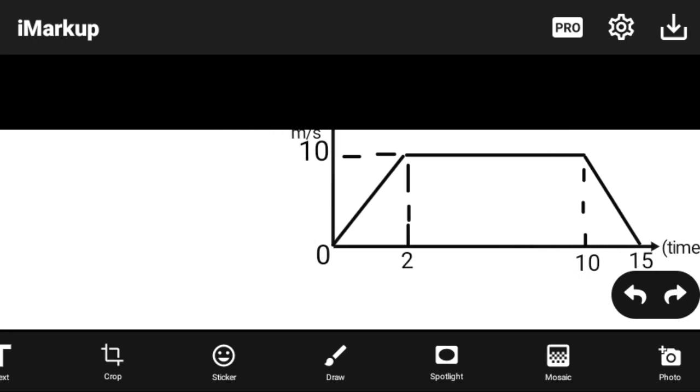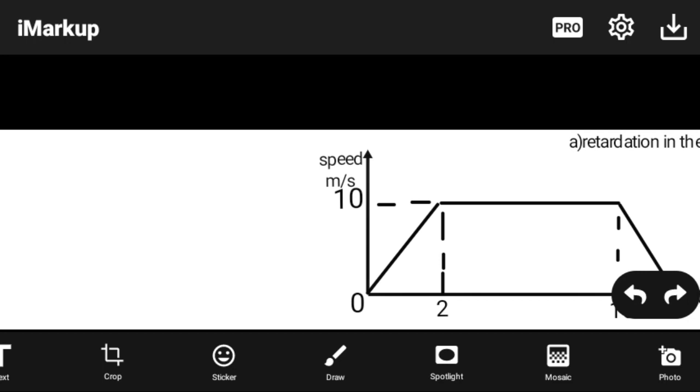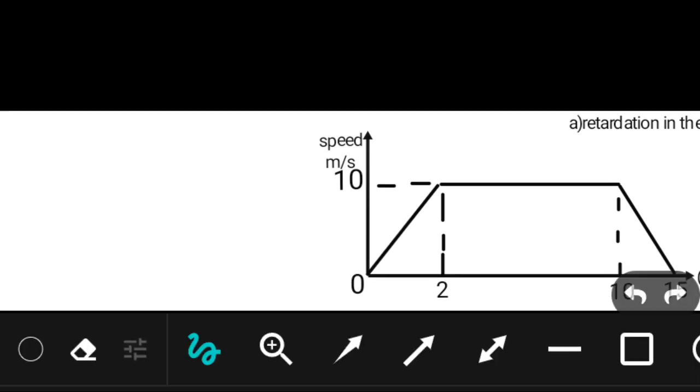So there's no need of putting a negative to your answer, because the word itself, retardation, means negative acceleration. Okay, that's very important. You need to know that.